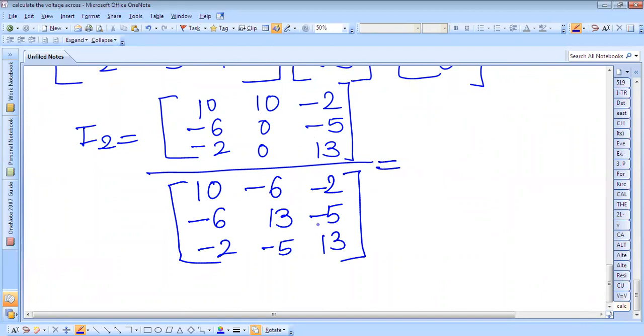So this value is the determinant del, and we have to find del first.